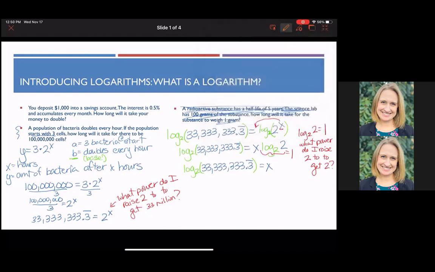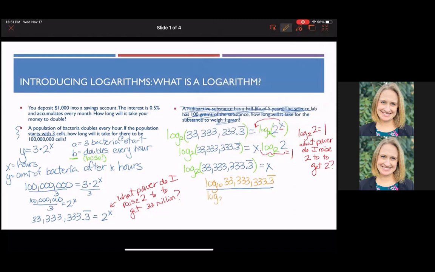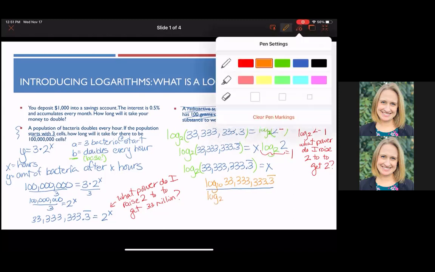Let's use orange. So you can have the log base 10 of 33,333,333.3 all divided by log base 10 of 2.